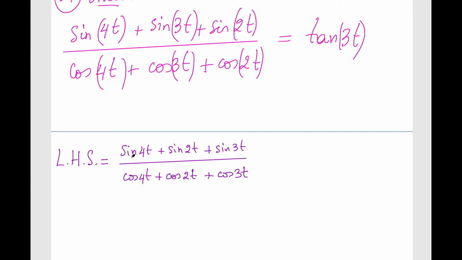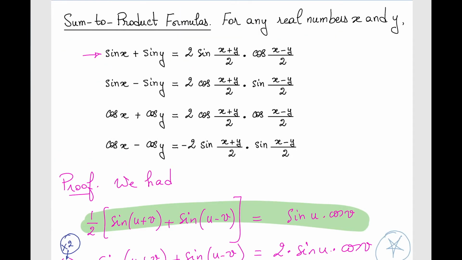The only reason that I'm doing these two together is that if we go back to those formulas, let me take you back to these. If you go back to these formulas, from sum to product, you see here I'm adding them up and dividing by 2. I'm subtracting them and dividing by 2.